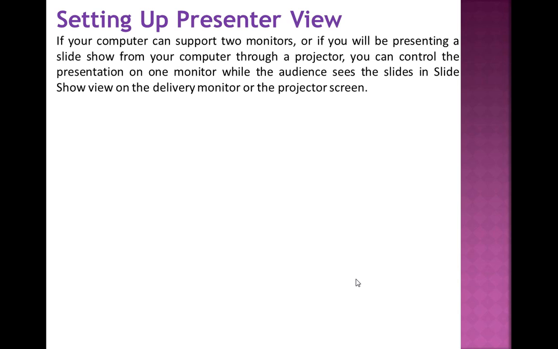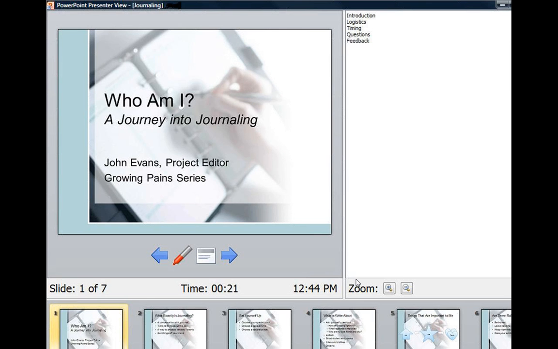Meaning if your computer can support 2 monitors, you can deliver the presentation on more than 1 monitor so that the audience will see your presentation on a screen or on a projector, and you will see your presentation on the screen. So this is how we can use the presenter view.